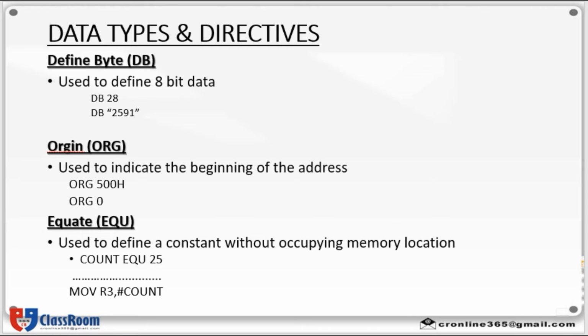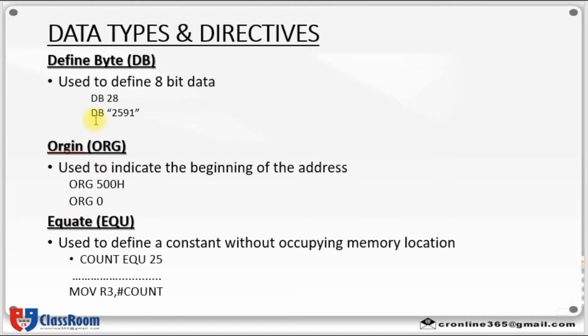When defined byte is used to define data, the numbers can be written in decimal, hexadecimal, binary or ASCII formats. The 8051 assembler will convert all these formats into hexadecimal format. To indicate ASCII format, simply place the characters in quotation marks.